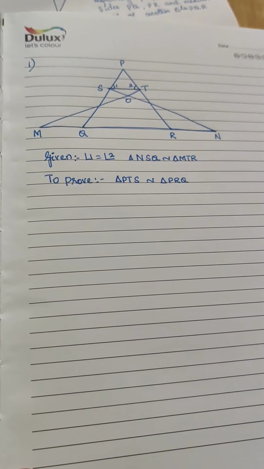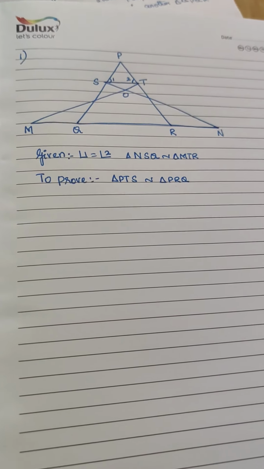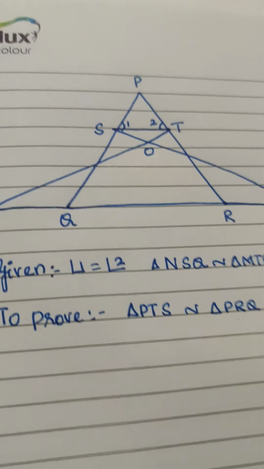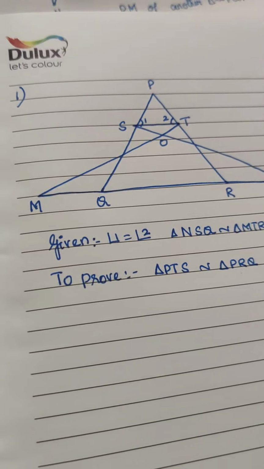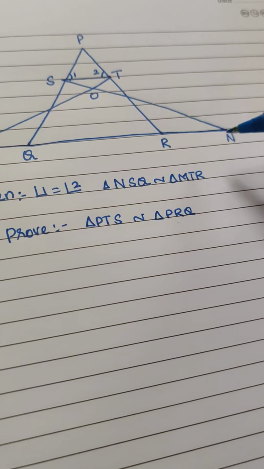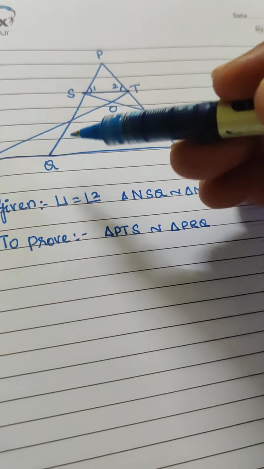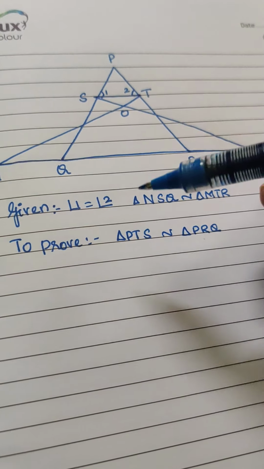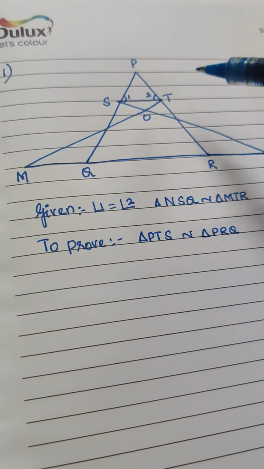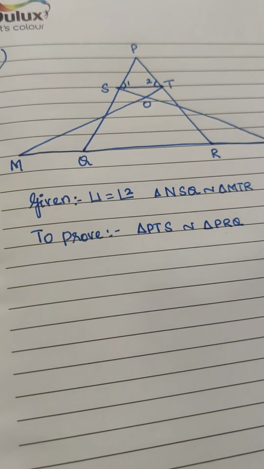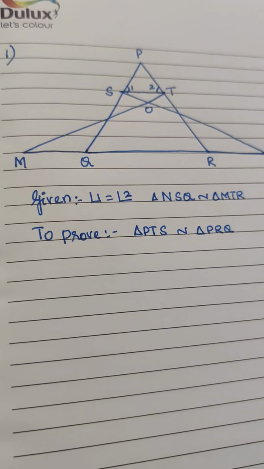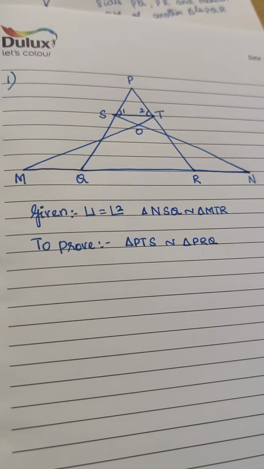So the first sum, it's given that angle 1 is equal to angle 2 and NSQ triangle. So you have NSQ. So this triangle is similar to MTR triangle. So NSQ is similar to MTR, which means that the corresponding angles are equal.